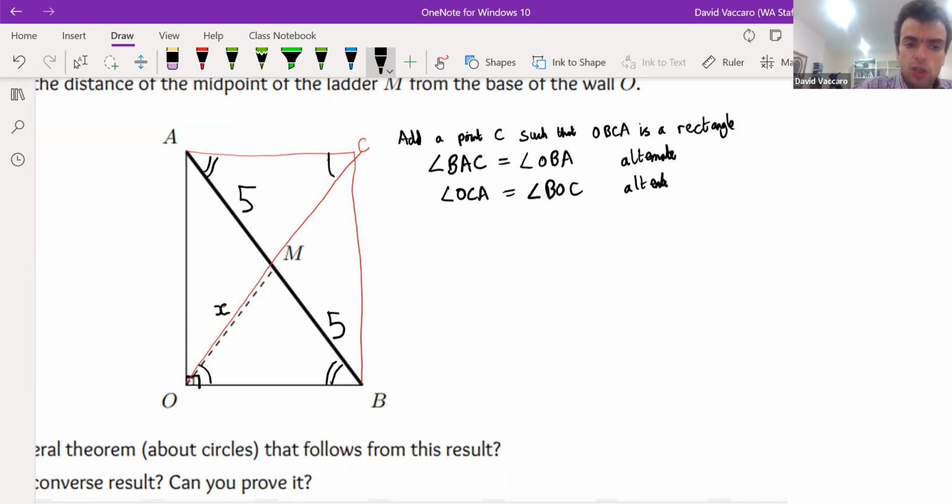Okay, so triangles A, and I'm going to call this M dash, C, is similar to triangle B M dash C because the angles are the same.